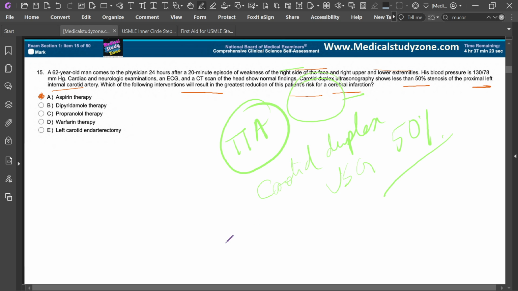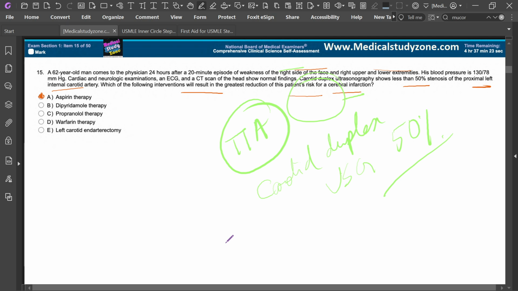TIA is defined as transient episodes of neurologic dysfunction caused by focal brain, spinal cord, or retinal ischemia without evidence of infarction. As in embolic stroke, it involves an event in which a clot breaks off and travels to the brain, occluding the flow at the cerebral artery.